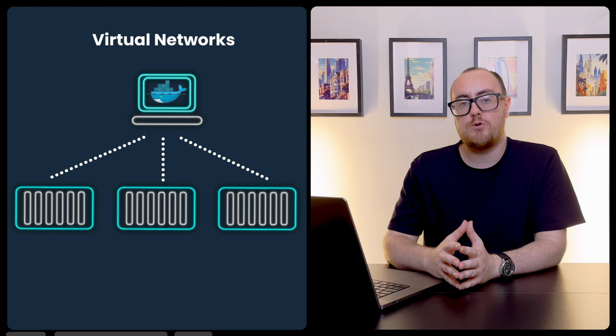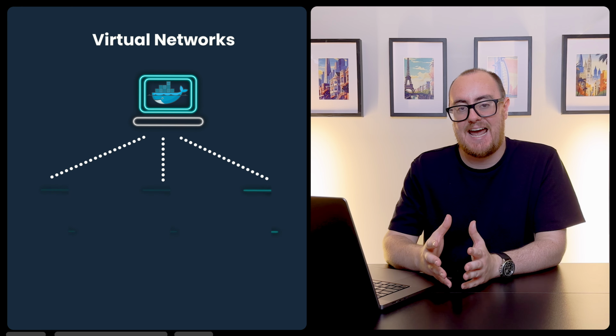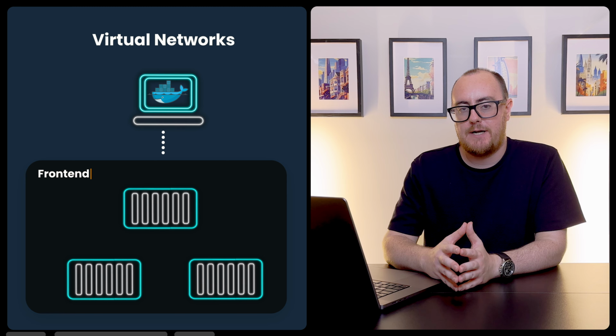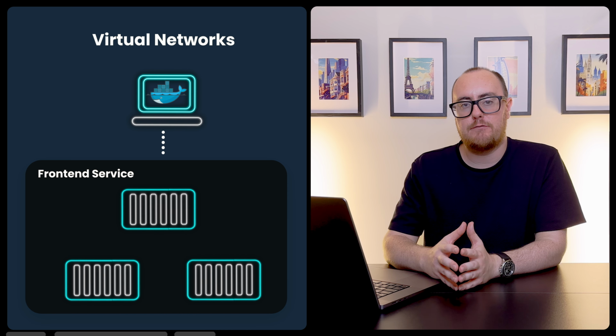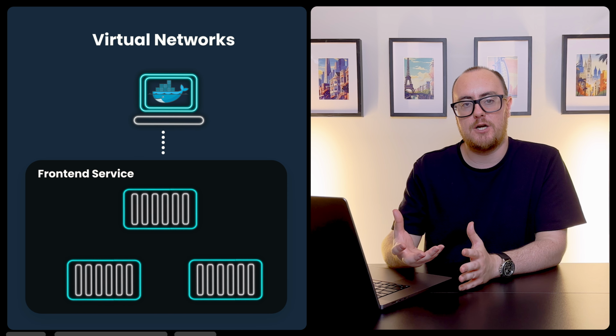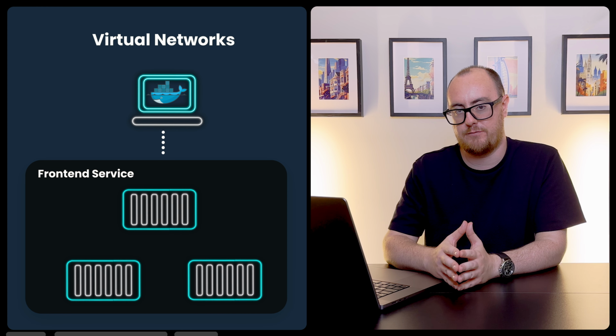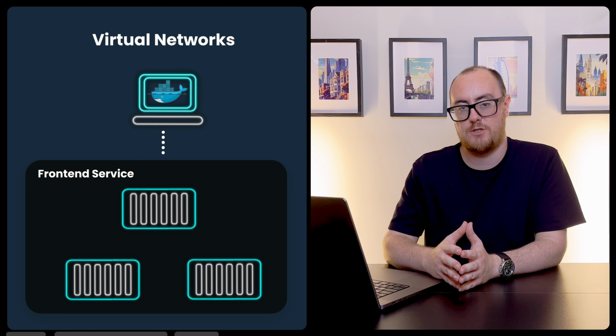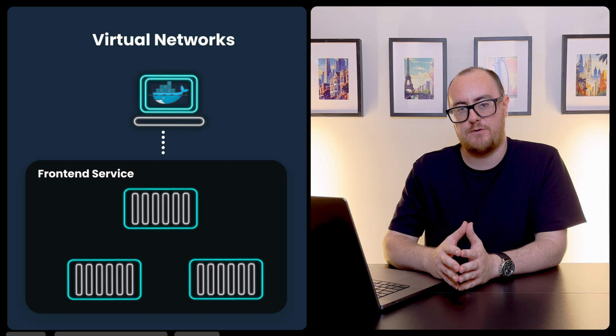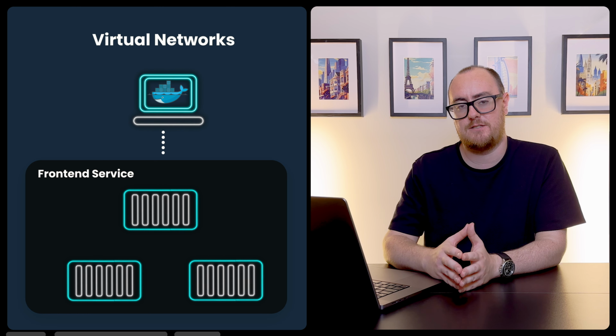Now, we also have the ability to scale. This is where services come in. Now, with these virtual networks, they don't have the standard Docker container and you just talk straight to it. That's a standard Docker virtual network, and you can make as many of them as you like. But the Docker Compose virtual network has services inside of it.